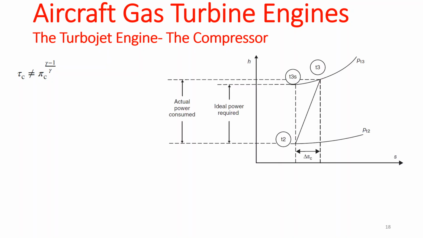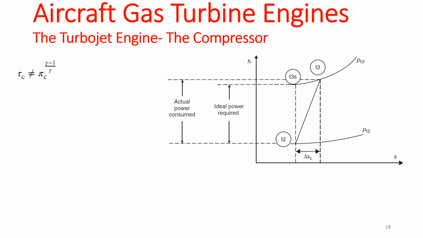And your hs diagram usually looks something like this. Your ideal case is not to have any of the friction losses, right? If that was the case, you would have the reversible, isentropic case. That would be the ideal power required to compress that specific amount of air.